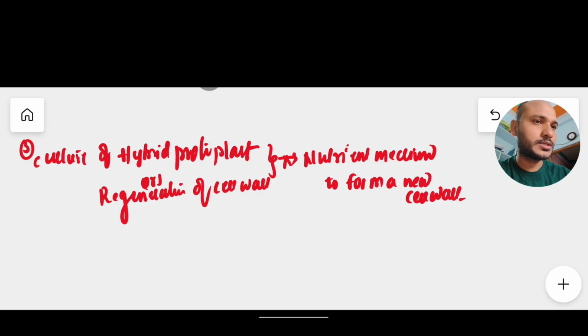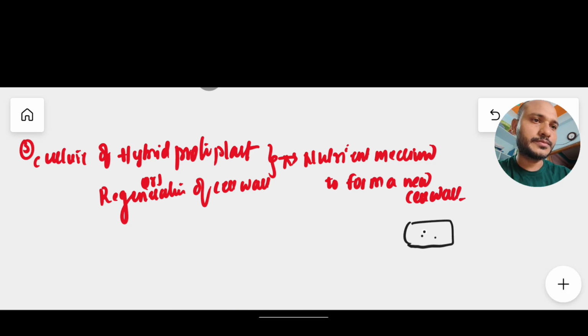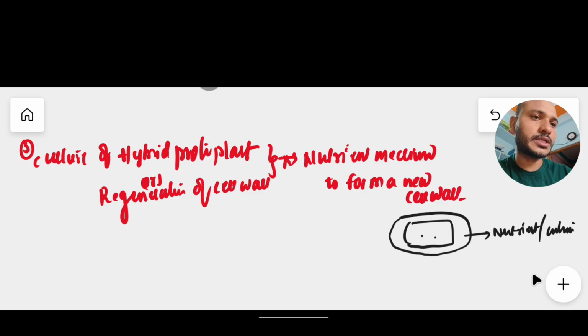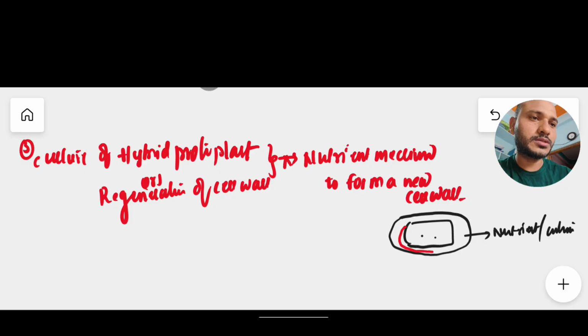By the second step we get the somatic hybrid, and this whole structure we culture in culture media or nutrient medium. Then we get a newly formed cell wall around the protoplast. Hence this process is also called regeneration of cell wall.